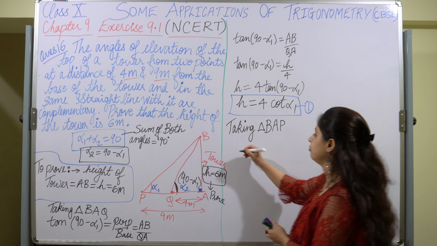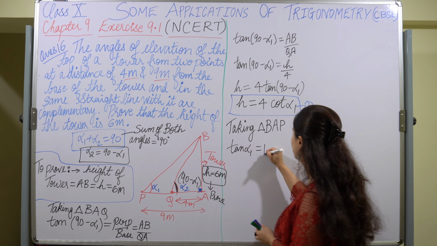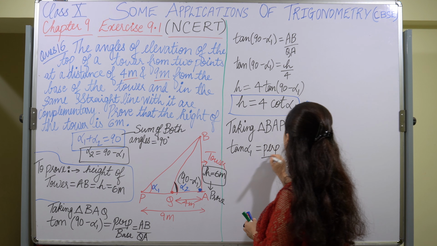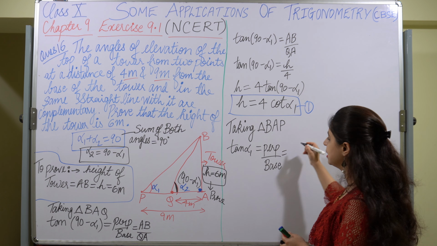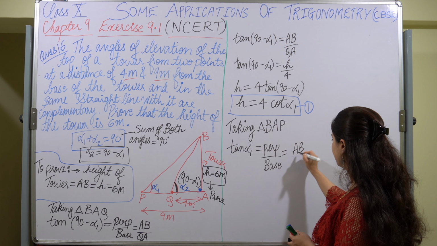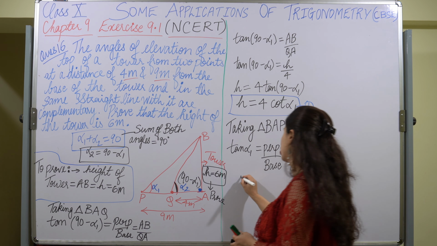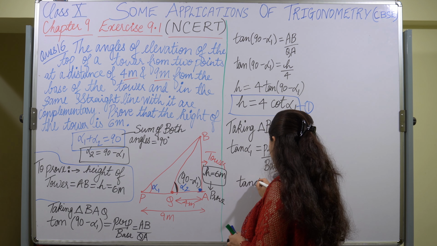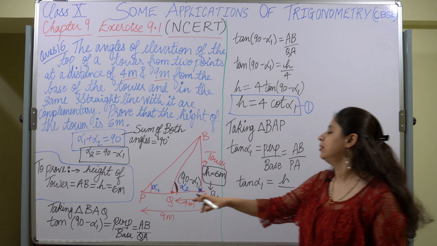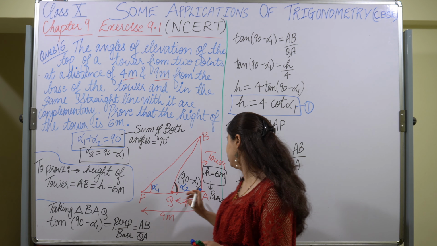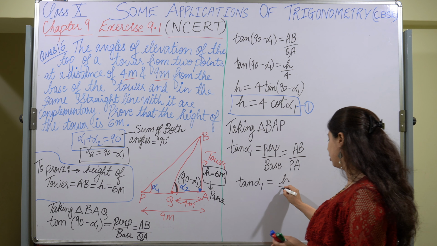So tan alpha 1 will be equal to perpendicular upon base. My perpendicular is AB, assumed to be H, and my base is PA, the distance of the point P from the foot of the tower, which is 9 meters.